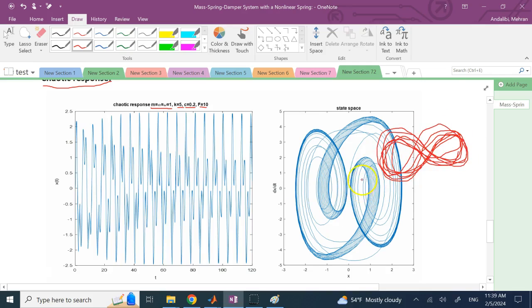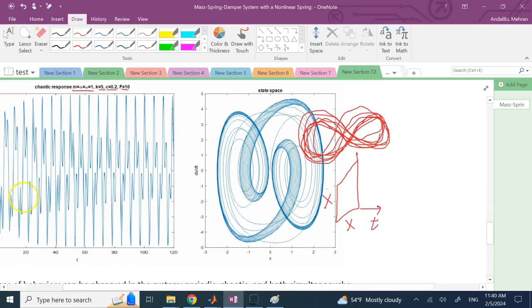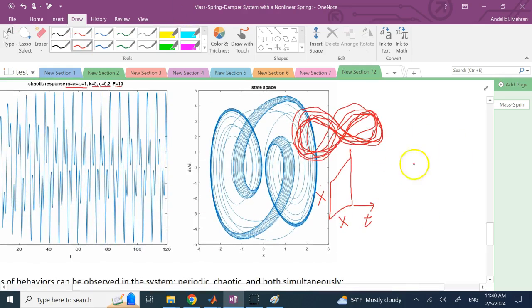Okay, so you see that if you plot this state space trajectory versus time, so this is x and this is x dot, if you plot this versus time, this one we call Poincaré map, and I'll talk about it later. But if you plot this point that you started, after some time, it hits a point that is not exactly the same as that original point.